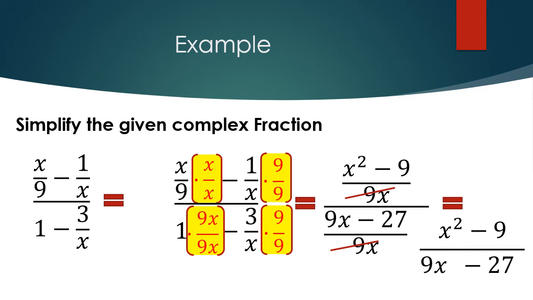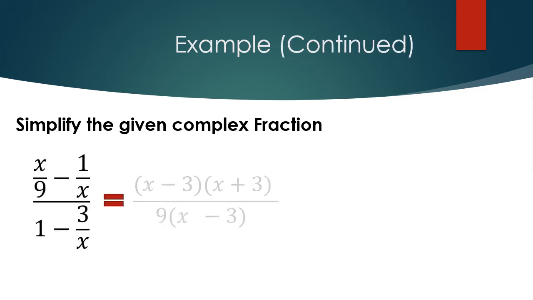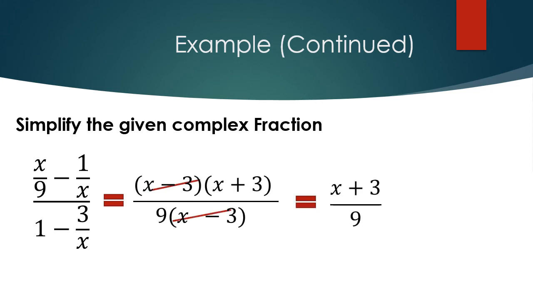Notice in the bottom we can factor out the 9, and the top part is a difference of 2 squares. Therefore, the final answer is x plus 3 over 9.